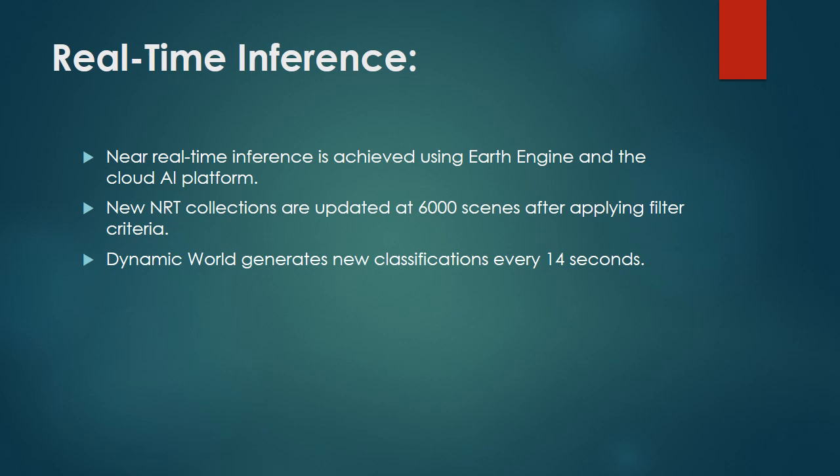However, this still does not guarantee a much faster rate of attaining data. Every time an image is taken from different areas, it takes at least 40 seconds to be processed by the Dynamic World engine.